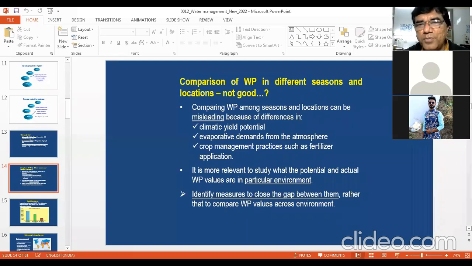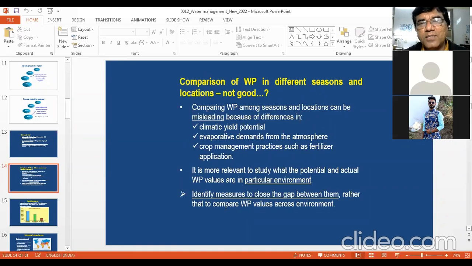You will have more humidity. You will have higher temperature, and the number of variables will be different. And in another season, the dry season, you will have different variables. Therefore, you cannot compare the water productivity of one season with another season. Mainly because of differences in supply of water. If you go on increasing the supply of water, then water productivity declines.